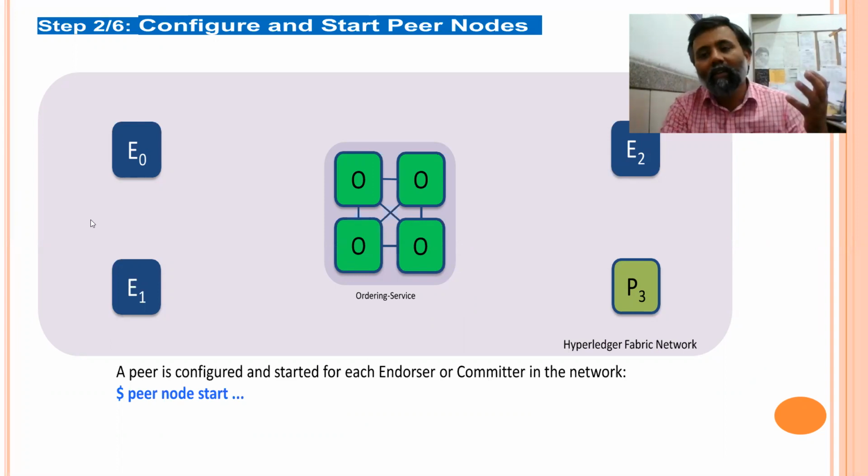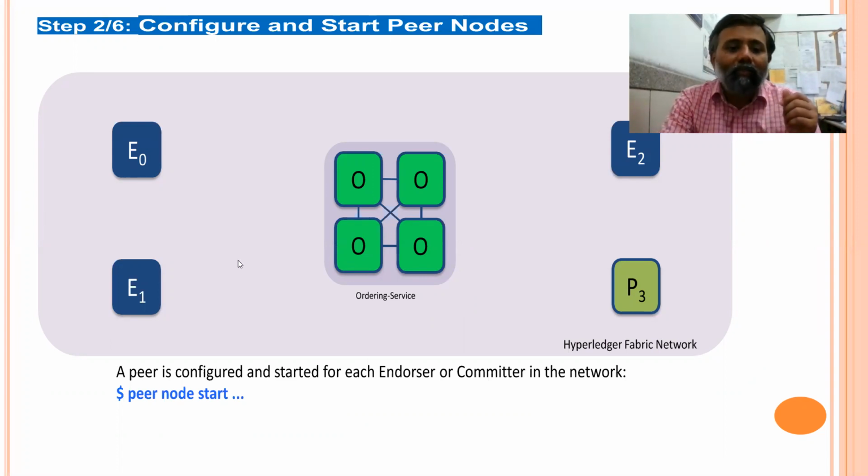Any organization may have a certain number of endorsers, or that organization may participate as a committer node. So then we will configure these endorser and committer nodes. And for that, again, we have certain commands. A peer is configured according to that, and that command can be used on the CLI.